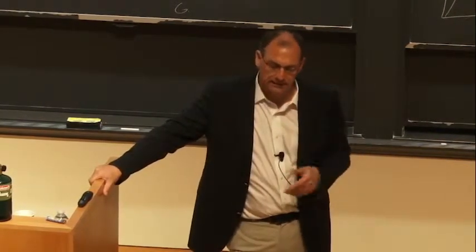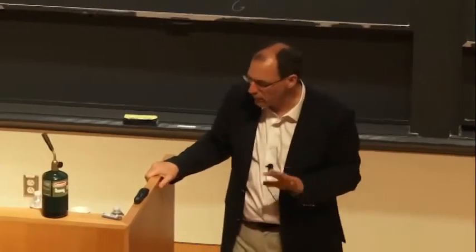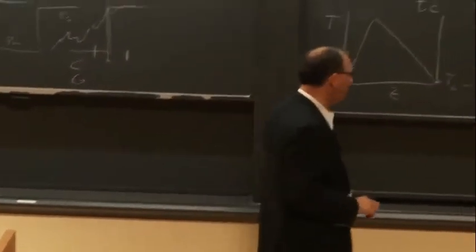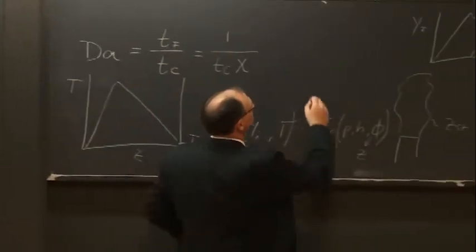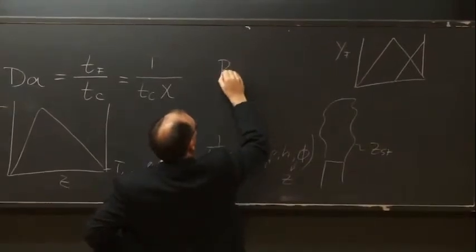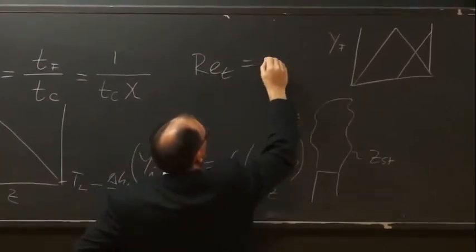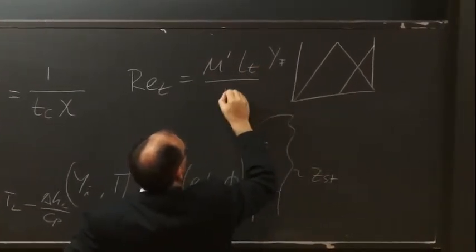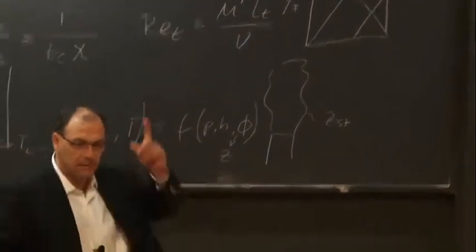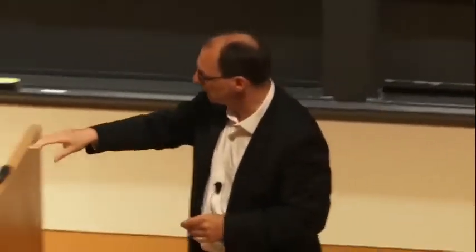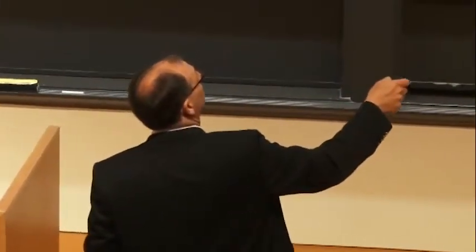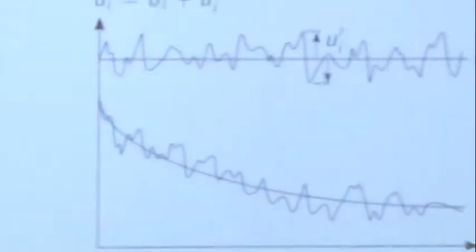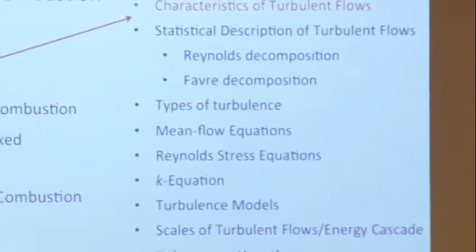To assess this, you can relatively easily show that the mixing rate goes with the turbulence Reynolds number. The turbulence Reynolds number is U prime times L_T divided by nu. U prime is a characteristic velocity fluctuation, and L_T is the size of the large turbulent eddies.